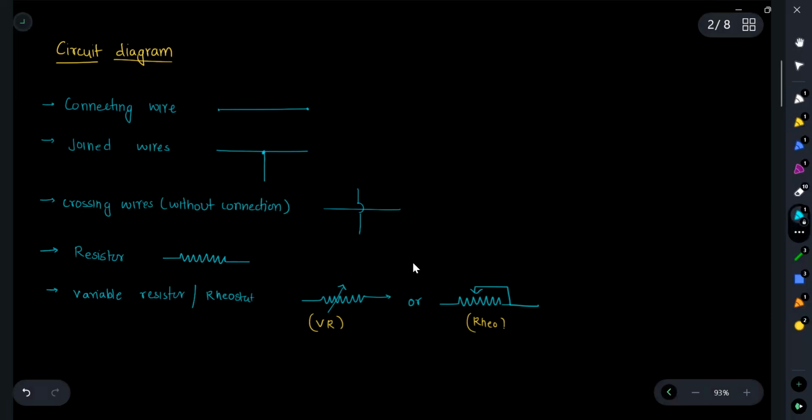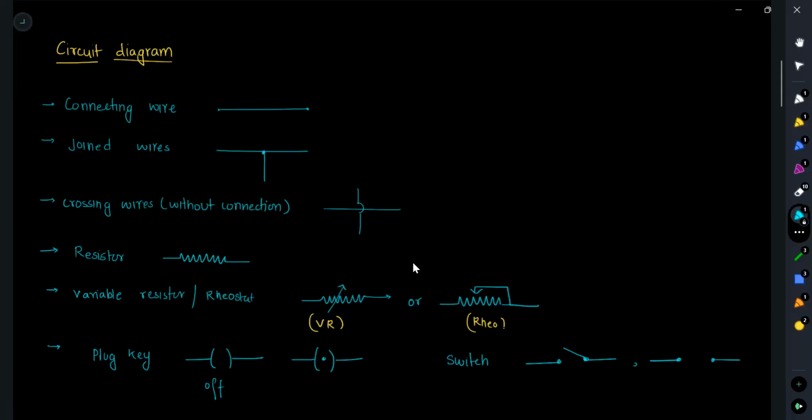Next, we have plug, key or switch. So we have plug, key. It's some sort of like this if it is off, and then a dot in the middle if it is on. Then we have switch. So switch would be somewhat like this if it is open and if it is closed.